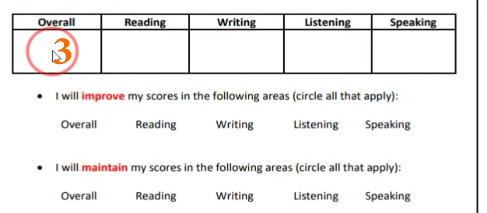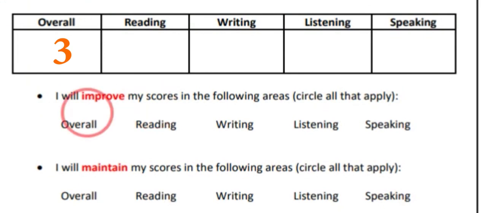Now a 3 is lower than a 4, and remember that our aim is for a 4 or higher. So for the 3, next time you test, we will want to see some improvement. So for overall, you would come down here and circle overall under the section entitled I will improve my scores, right?